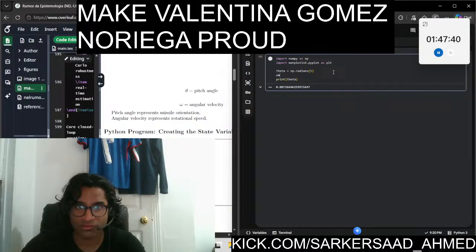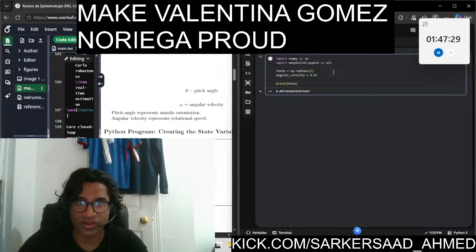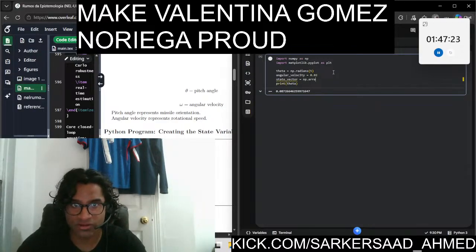Now for omega, I'm not going to write omega. I'm going to write angular velocity is 0.02, and so then I'm going to have the state vector. State vector would be np.array.